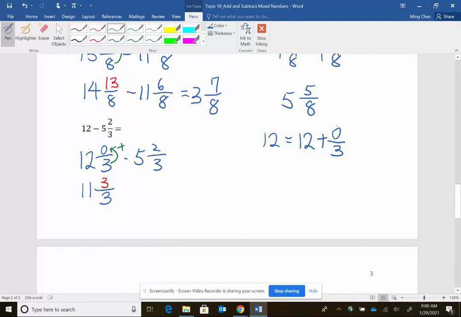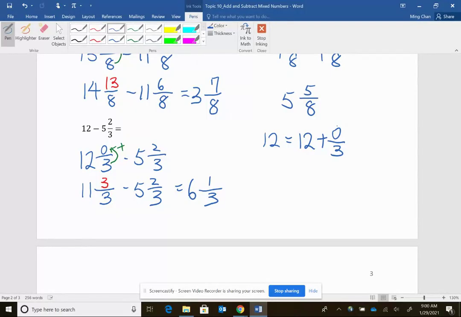Now the numerator 3 is enough to subtract the numerator 2. So my answer: 11 minus 5 is 6, and 3 minus 2 is 1 over 3. So you cannot just simply say 12 minus 5 is 7 and 2/3. That's super wrong.